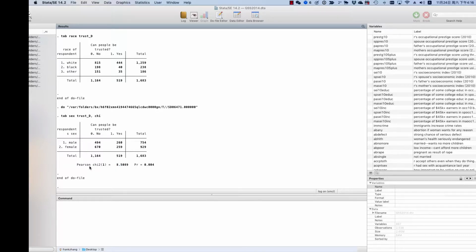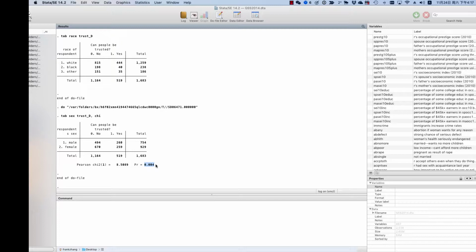So this is the chi-square value Stata calculated for us for this cross-tabulation of 1 degree of freedom. And the probability for us to see this chi-square value for a 1-degree-of-freedom cross-tabulation is only 0.004. So this value is called the p-value.